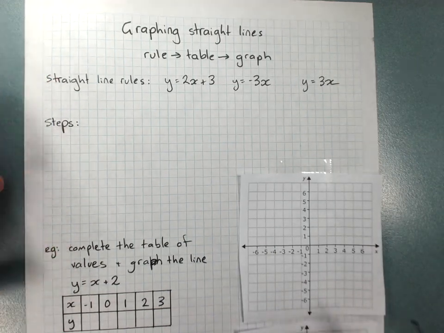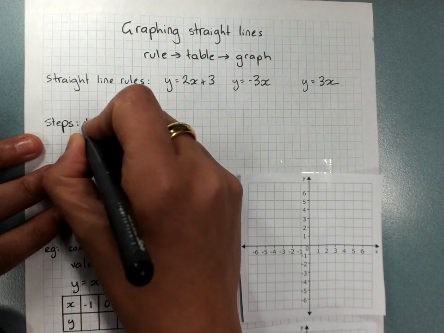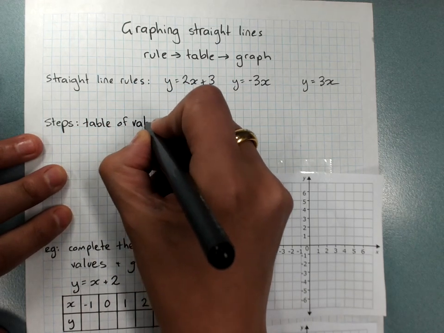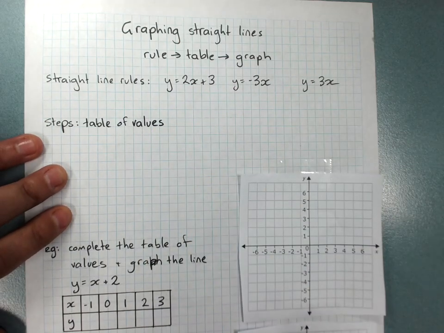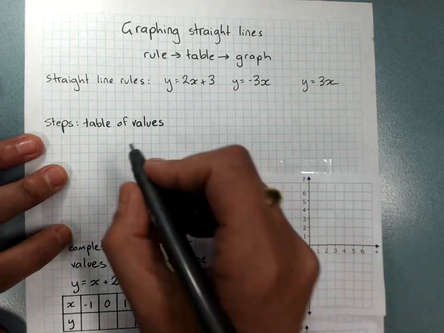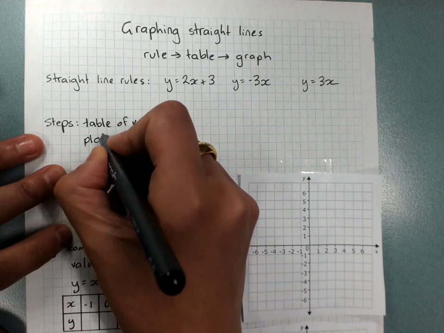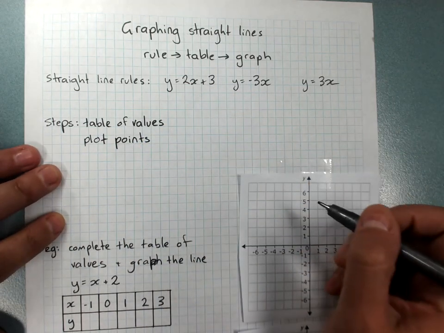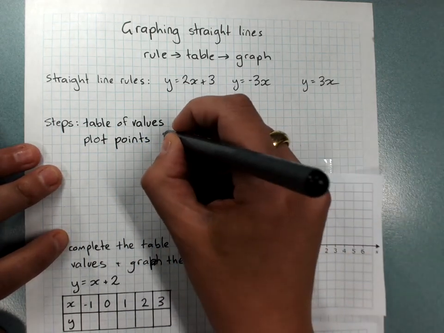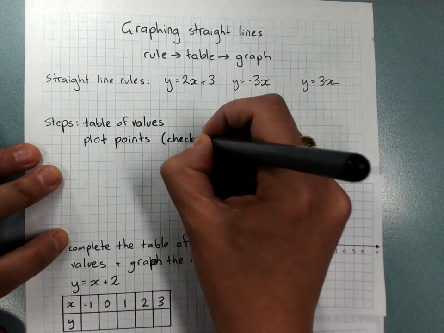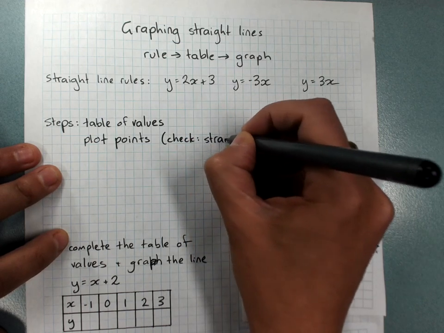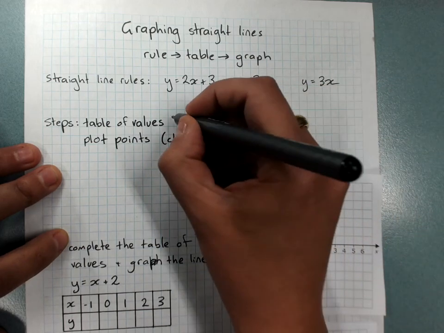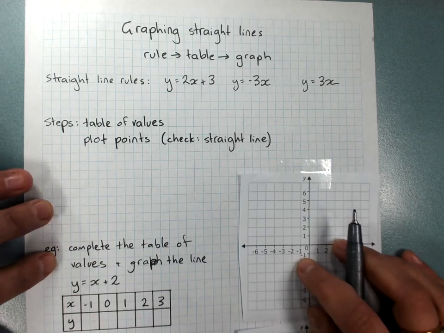Now our steps are, we make a table of values, and I'll talk more about that. And it's a good idea to use your calculator if you need to. From the table of values, we plot the points that we create, and we check they should be in a straight line. If they're not in a straight line, we know we've done something wrong, especially if just one is out of line.